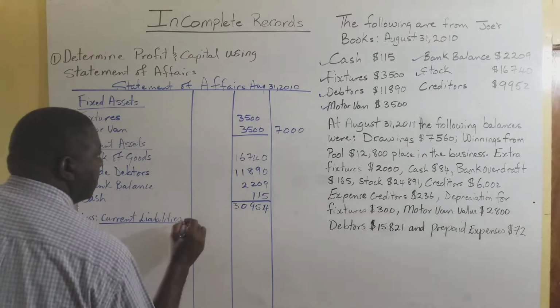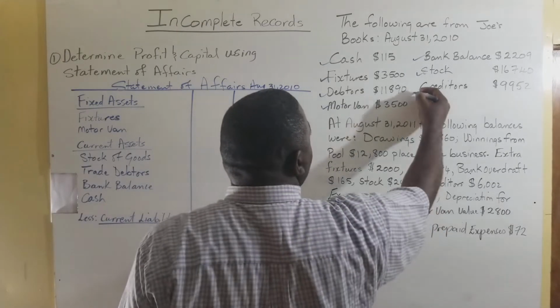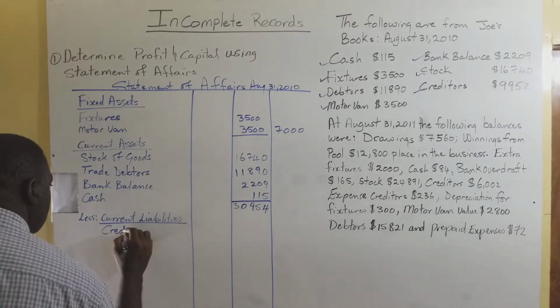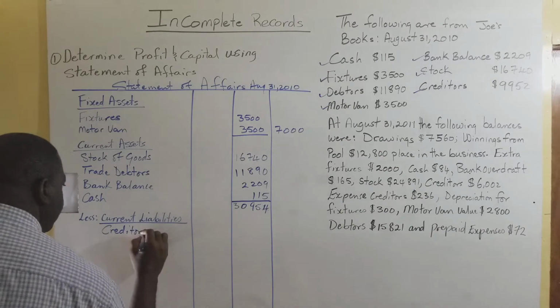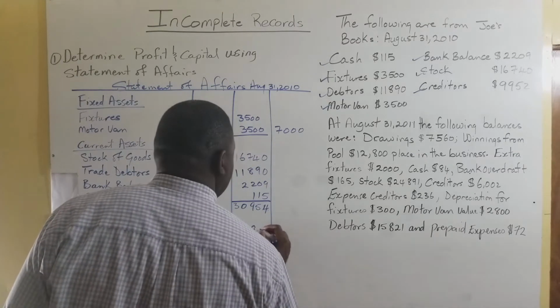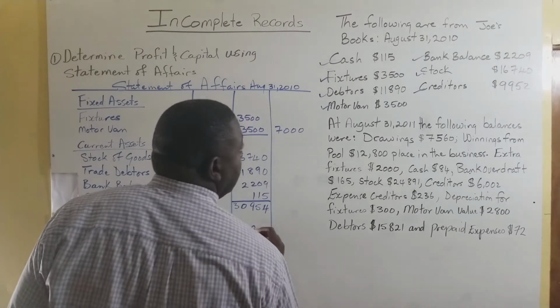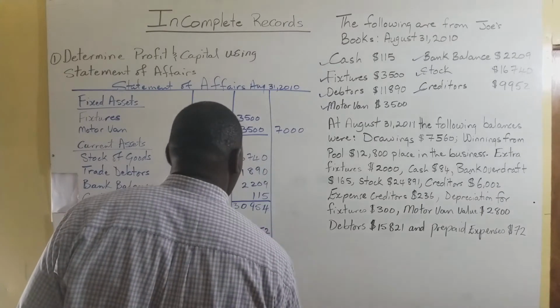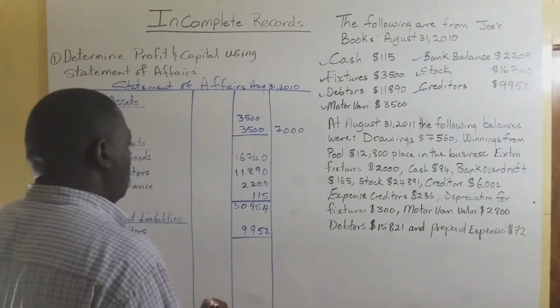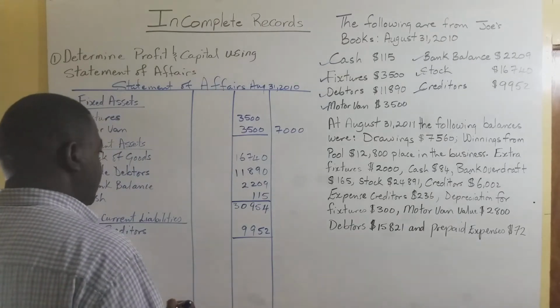In the question, our current liability would be the creditors. And our creditors figure would be 9,952. So we're going to subtract this now to get what we refer to as our working capital.